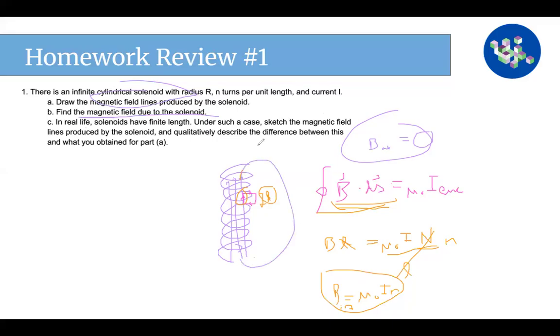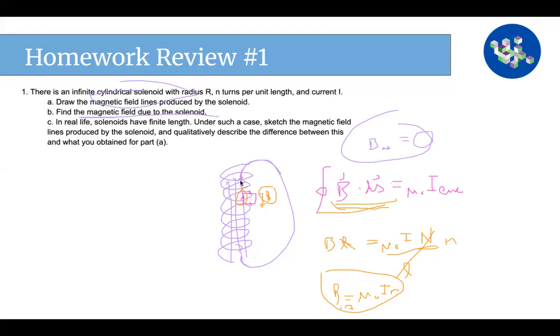Because remember, magnetic field lines always form closed loops. So if the solenoid is the only thing in space that we have, then the field lines that are coming out over here need to somehow curve back and go back to the very bottom of the solenoid.